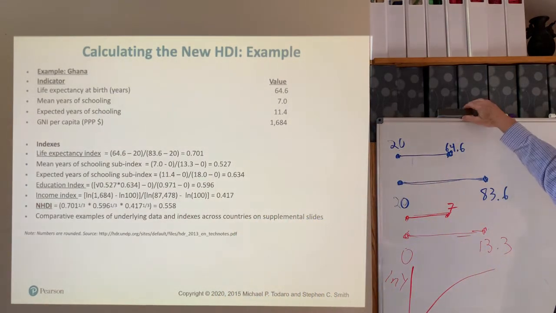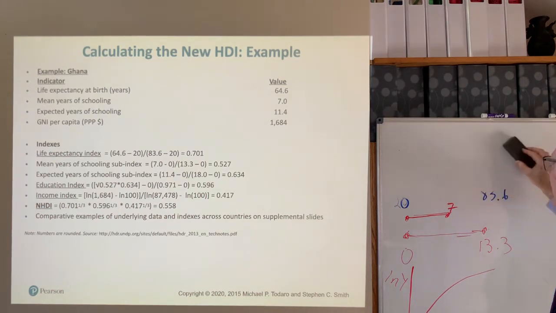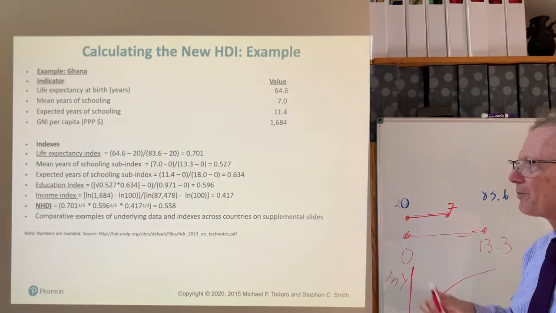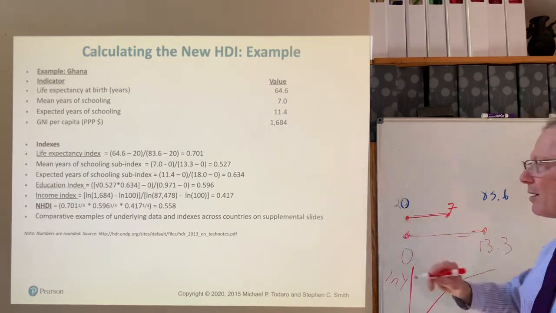And so what we can see in this case is that there really is a dramatic effect of using the diminishing marginal utility through this log.